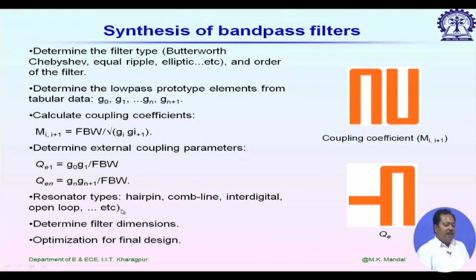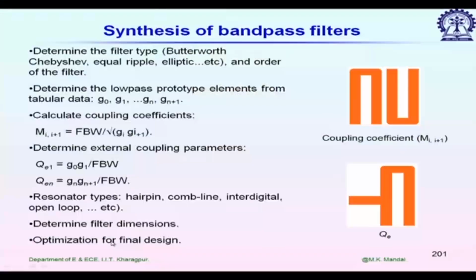It can be of different shapes, and the implementation can be in microstrip line, image guide, rectangular waveguide, anything. Depending on power handling capacity and loss requirement, we have to choose the proper implementation scheme.